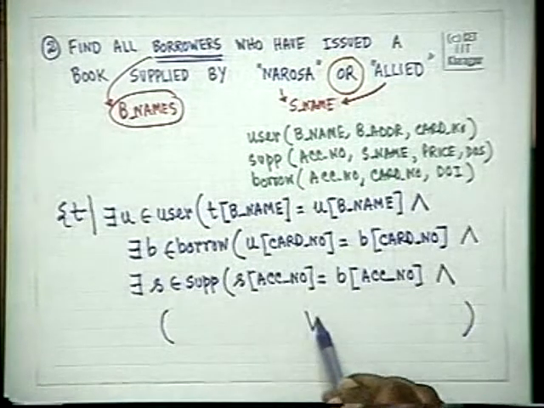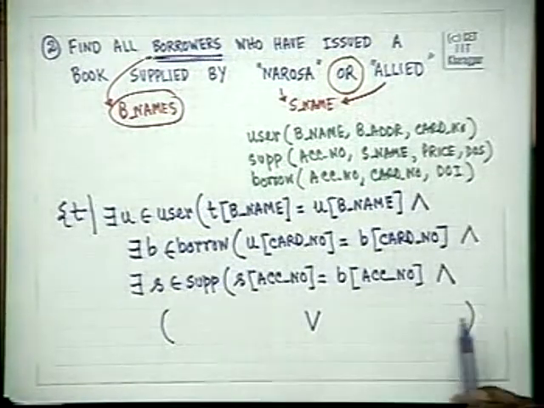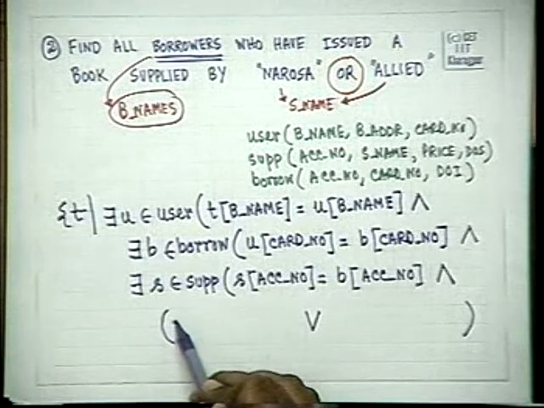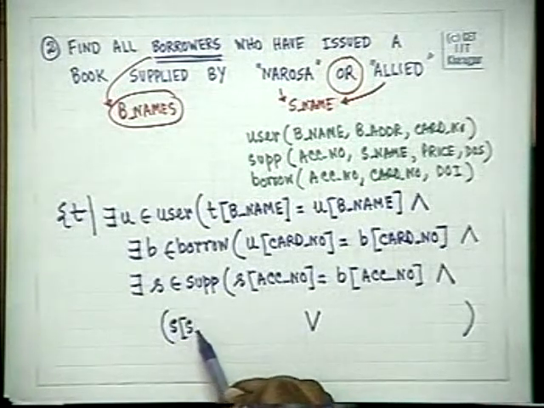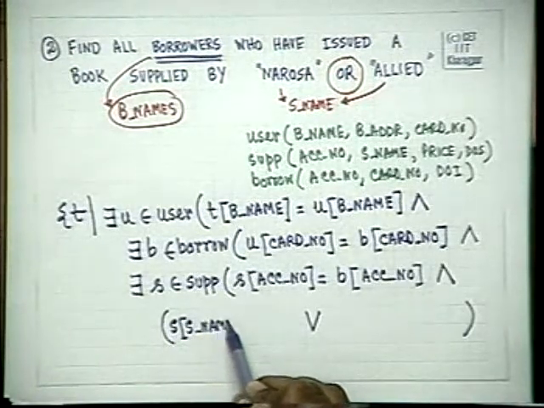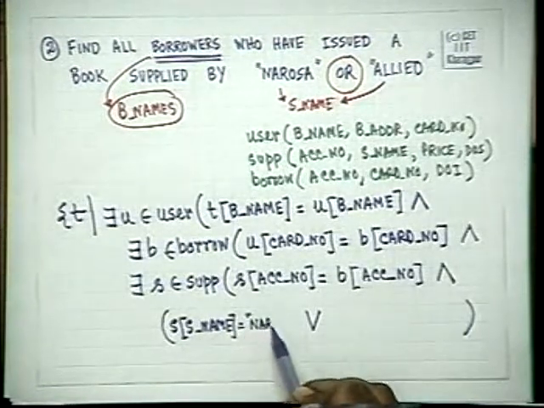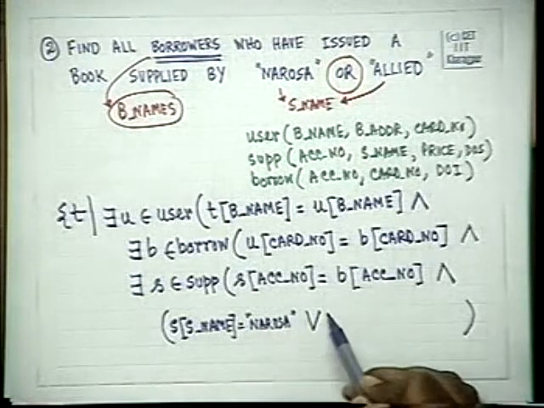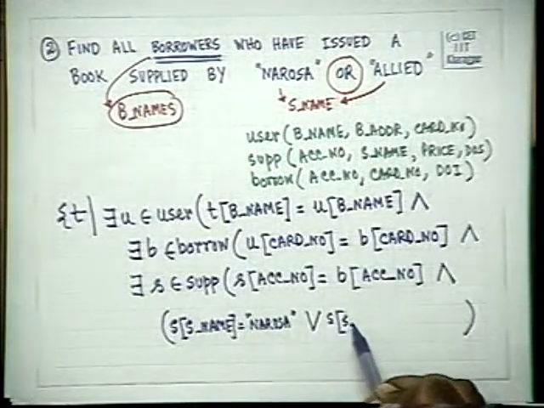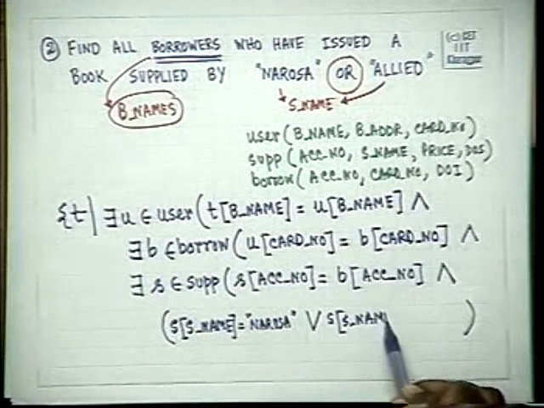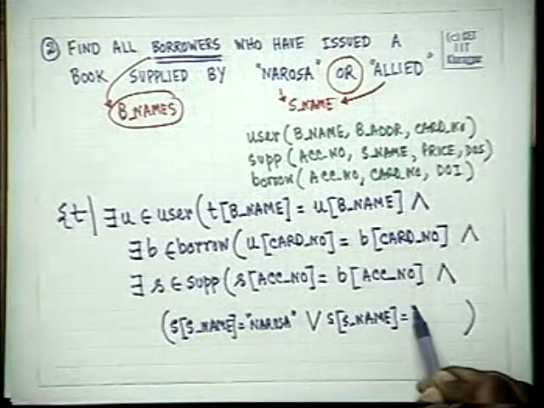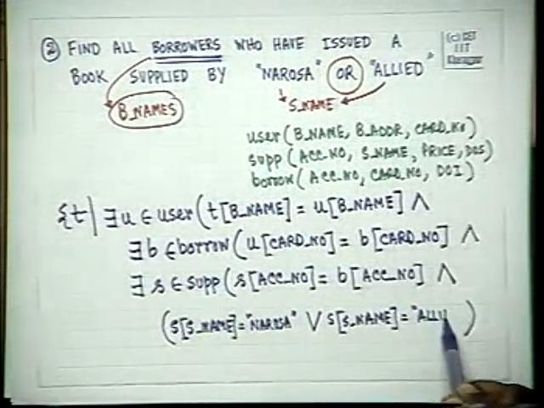So, we will have something or something. What is this? We will have S of S name equal to Narosa, or S of S name equal to Allied.